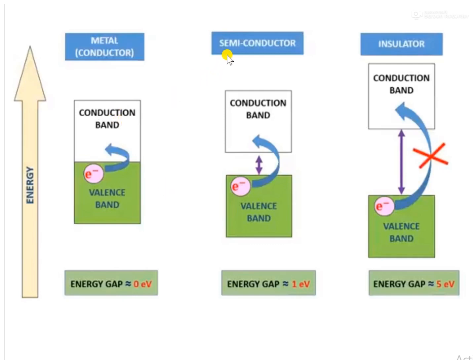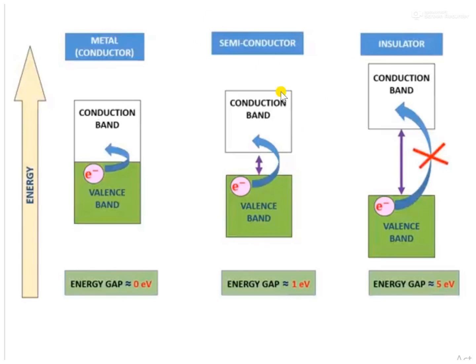Semiconductors lie between metal conductors and insulators. Conductors are those materials which can pass electricity, and insulators are those materials through which electricity cannot pass. Semiconductors have characteristics between metal conductors and insulators.